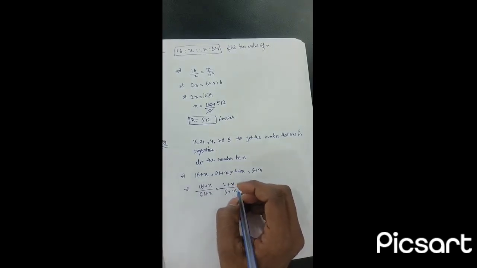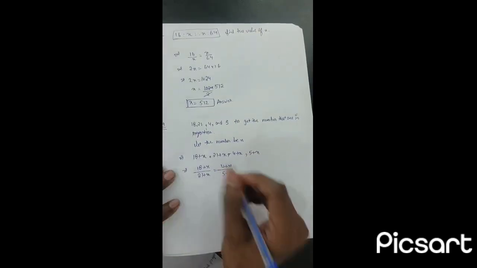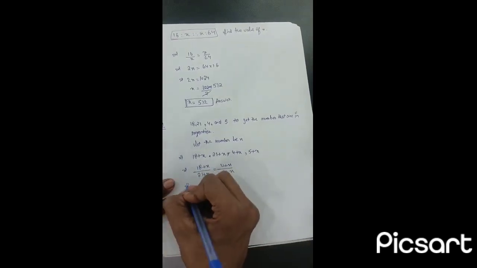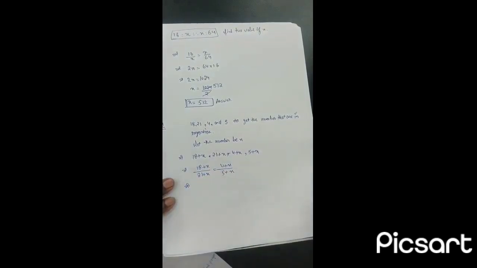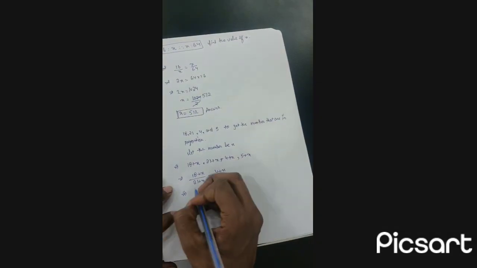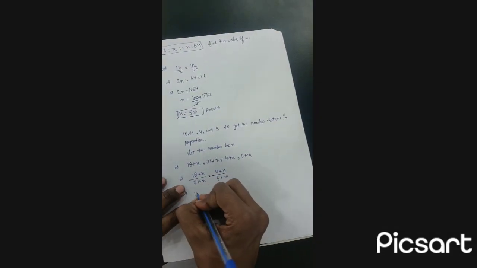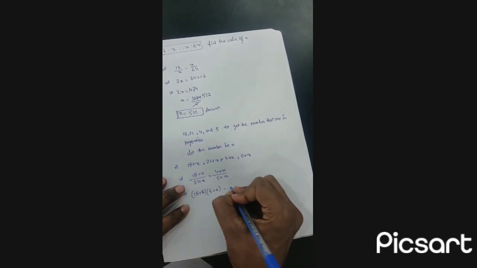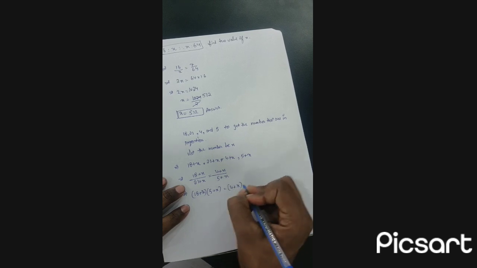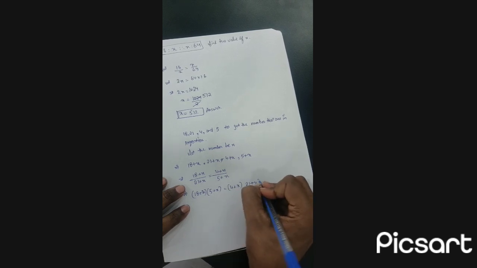We just simply cross multiply. So 18 plus x is multiplied by 5 plus x, and 4 plus x will be multiplied by 21 plus x.